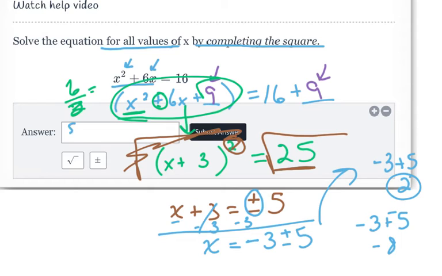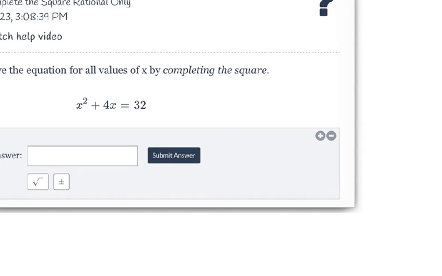So in curly brackets you would type negative 8, comma 2, and close your curly brackets. Remember, use the plus to get the curly brackets or hit your comma key. In this case we did not need to use the plus or minus or the radical because we had perfect numbers. So let's do another example.